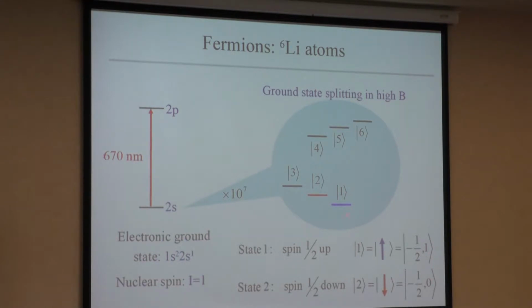So in a sense, a mixture of ultra-cold lithium in these 2 states is very much like a gas of electrons. In a gas of electrons, you have 2 electrons, they have 2 spins. These are 2 internal states of the atoms. Of course, there are differences.